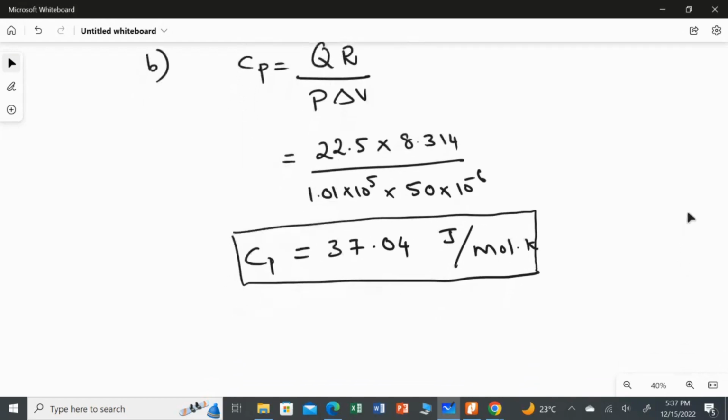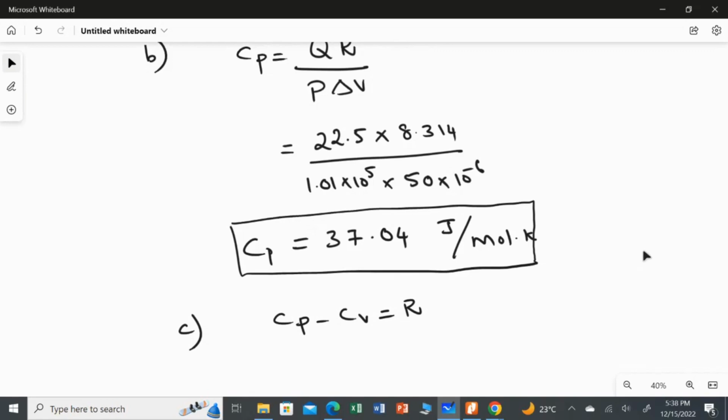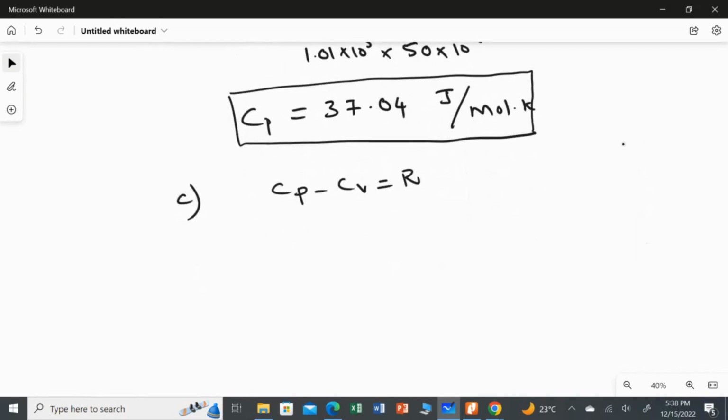Likewise, we have to find the answer for Cv, and for that, I'm going to use the rule we already studied in the theory, Cp minus Cv equal to R. So now I'm going to rearrange this equation in terms of Cv. Therefore, Cv is equal to Cp minus R. Cp we already found in the B part, so I'm going to substitute that value here.